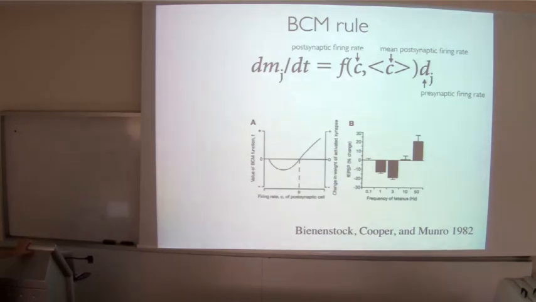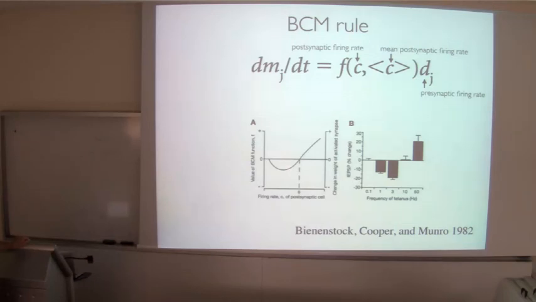These guys, Bienenstock, Cooper, and Munro, back in '82 already formulated this learning rule, which became very famous. It's called the BCM rule, and the idea is that the change in the synaptic weight is a function of the postsynaptic average firing frequency, multiplied by the presynaptic frequency.